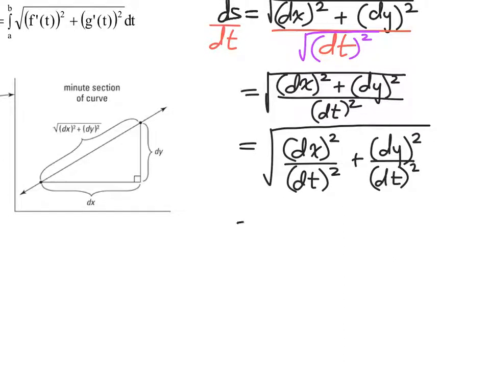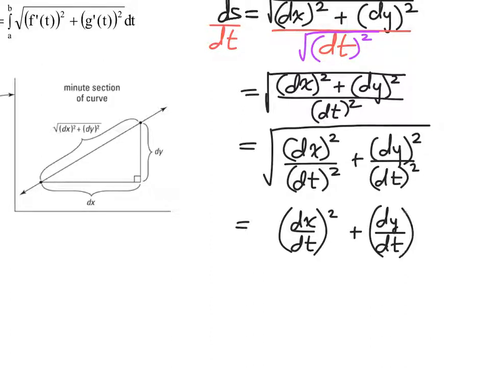Which I can represent further as just (dx/dt) squared plus (dy/dt), also squared, and that's equal to ds/dt.